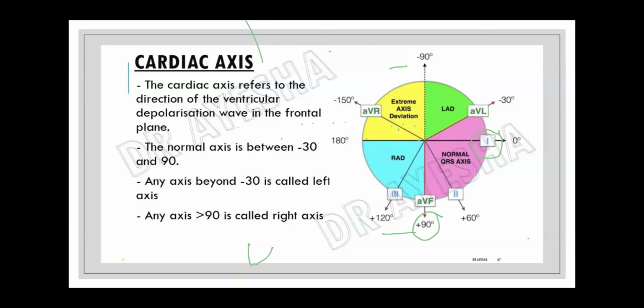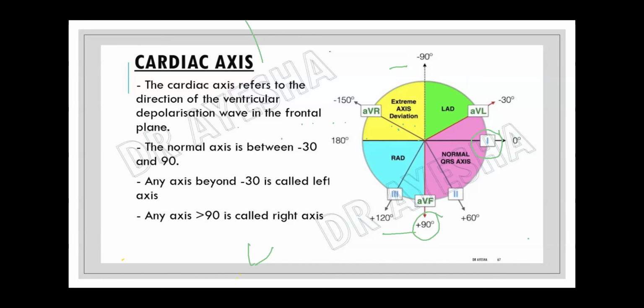You have to remember it. So try to remember, lead 1 is for your axis, lead 2 is for rhythm and for your rate, okay? And AVF is again for your axis. So one by one, we will learn which things are for which lead, okay? So 1 and the AVF.